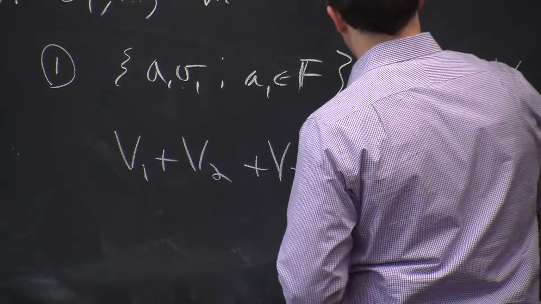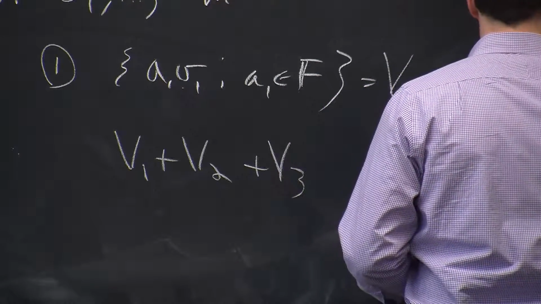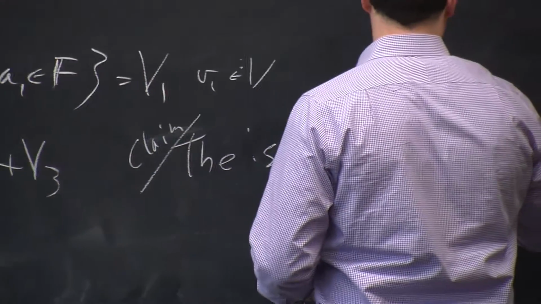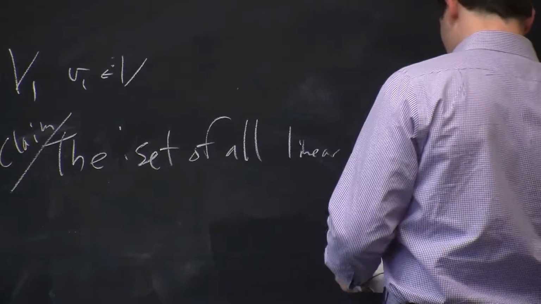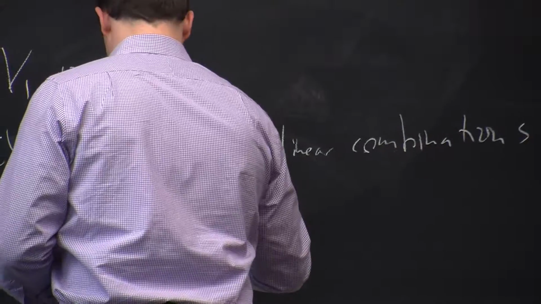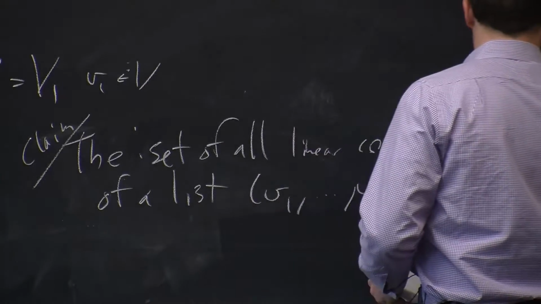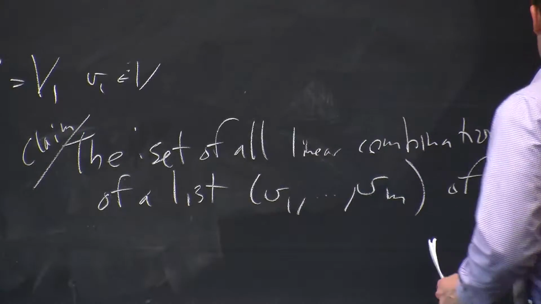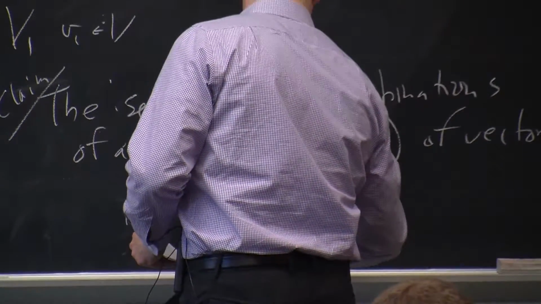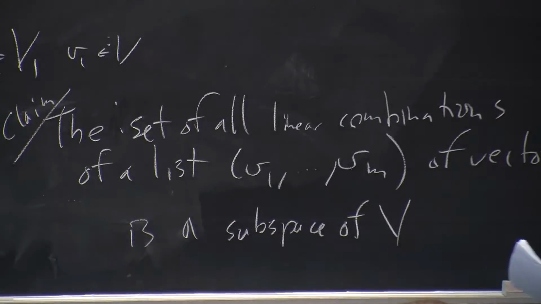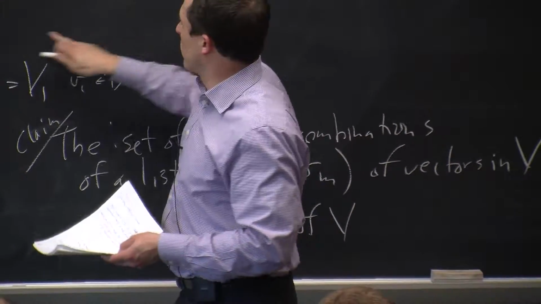So I claim that if you think about it a little bit, it's easy to see. The set of all linear combinations of a list V1 through Vm of vectors in our vector space V is a vector space, and it's a subspace of V. Essentially, that's because we've defined it as things that I can write as a sum of elements, one in each of these.